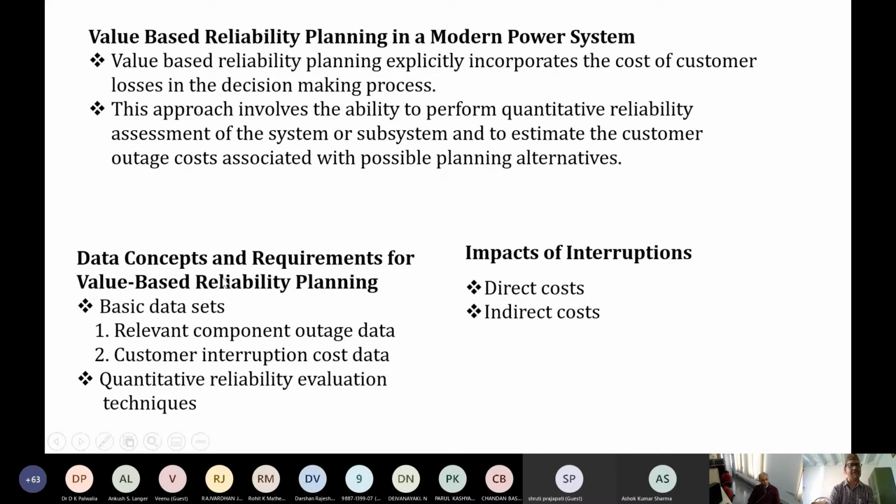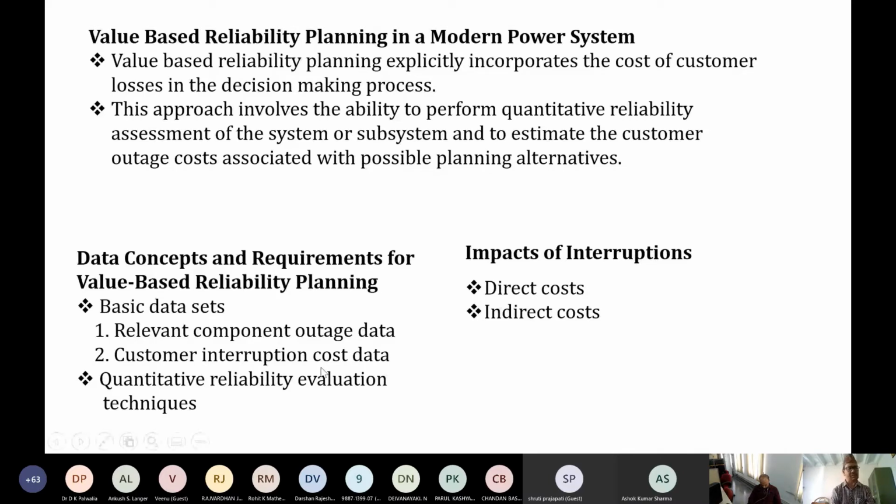Data concept and requirement for value-based reliability planning. Basic data sets: we need relevant component outage data. For all the generators, we need to know the forced outage rate, which we will definitely be knowing. And if there are other components that need to be considered, their forced outage rate data also needs to be known.